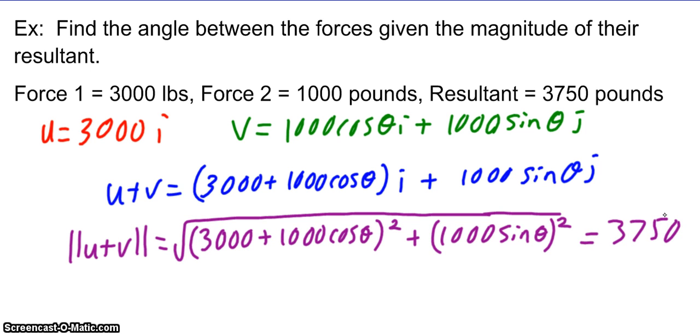So I've done the majority of this problem here. I want you to pause the video at this point and find theta. Unpause when you're ready to check your work.